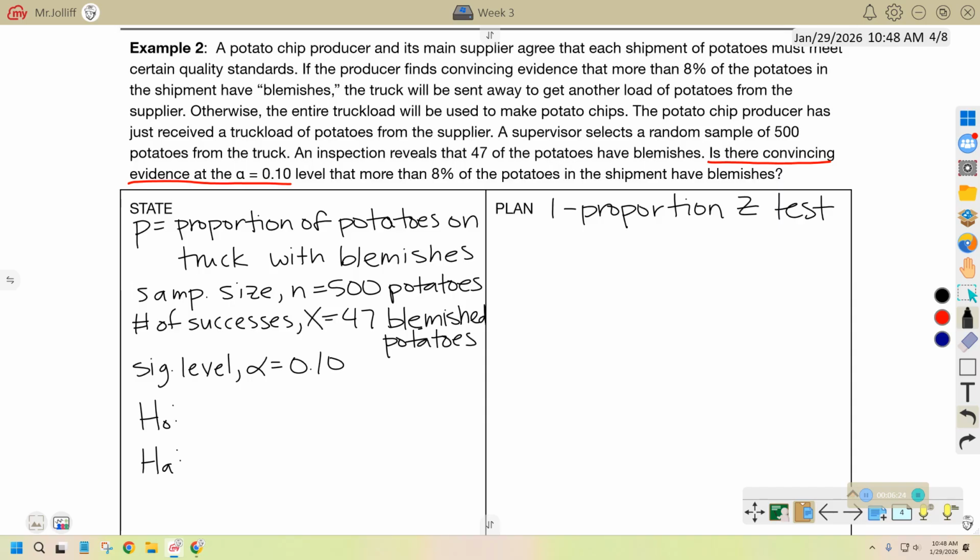So I need to calculate p hat. I was not given p hat. So, very good. P hat is x over n, which we know is 47 out of 500, 0.094. Perfect, thank you.